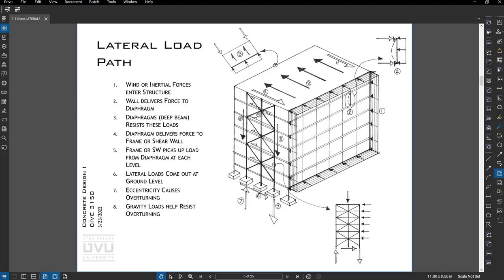And those forces will work their way down to the foundation, come out as a base shear and some type of overturning. So depending on the magnitude of the forces and the weight of the building, you may get quite substantial uplift in the foundations, which then needs to be either a deep foundation system or enough mass in the foundation to resist that. So it's all kind of a game of how much force, how much weight when you get to the foundation to keep them stable.